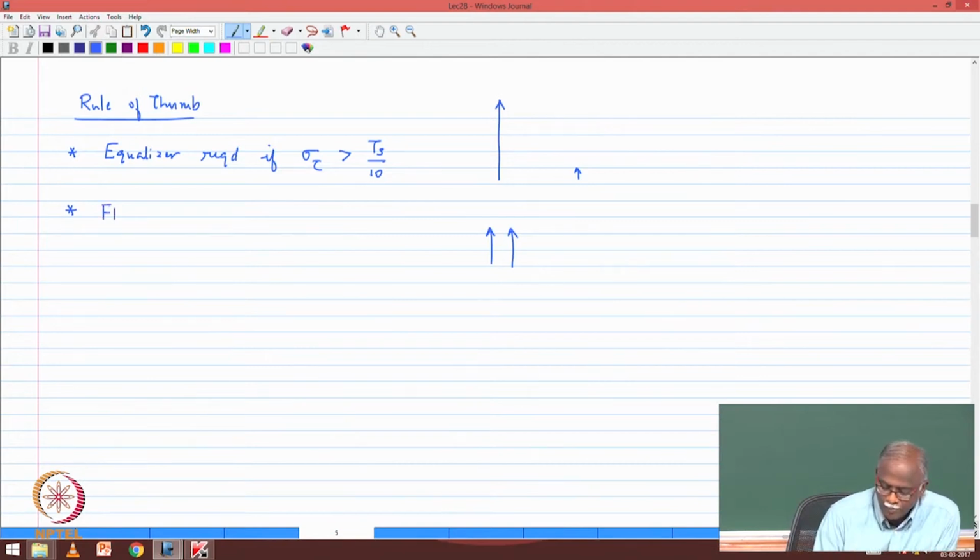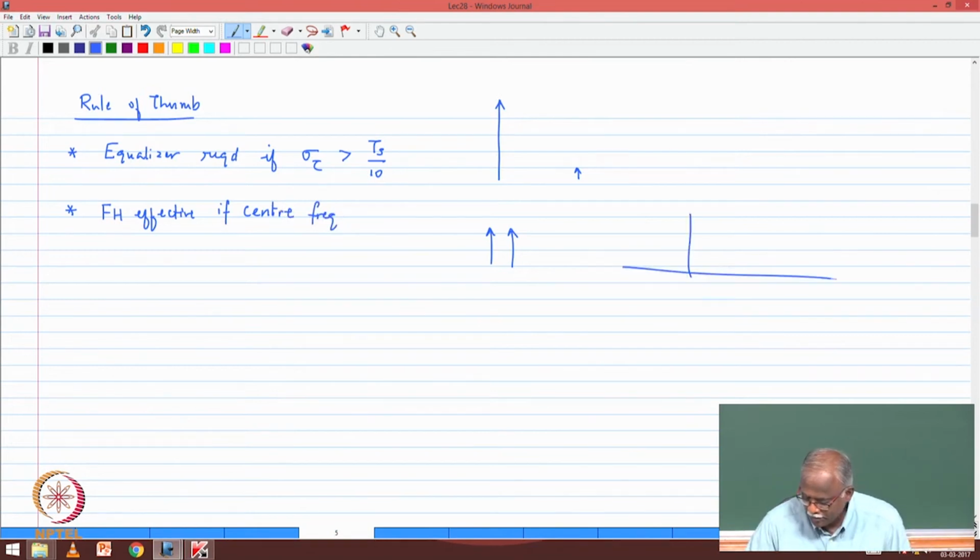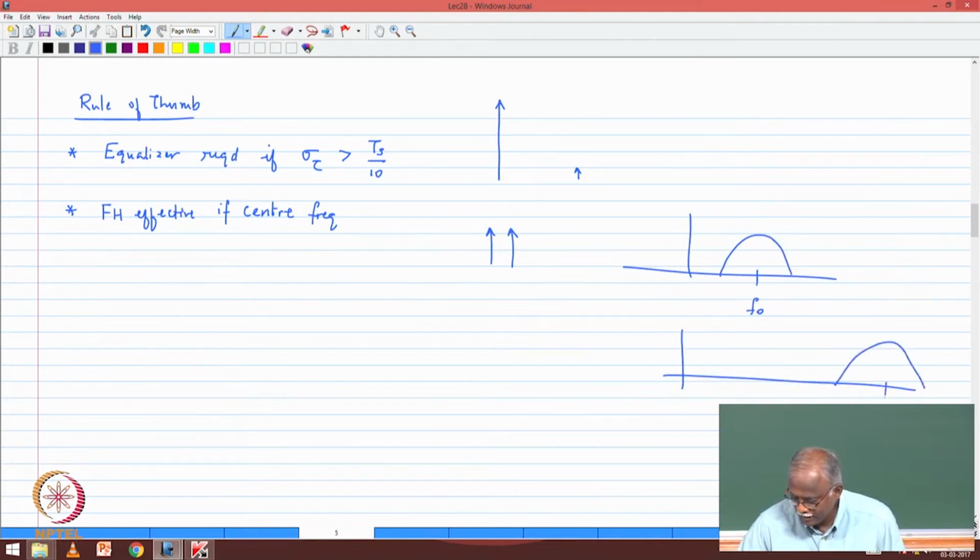When is frequency hopping effective? Frequency hopping is effective if your hop spacing, the center frequency of the hops, and again what we mean by center frequency of the hop is you may be at some carrier F0, next time instant you are skipping to some other carrier F1, the spacing between F0 and F1.